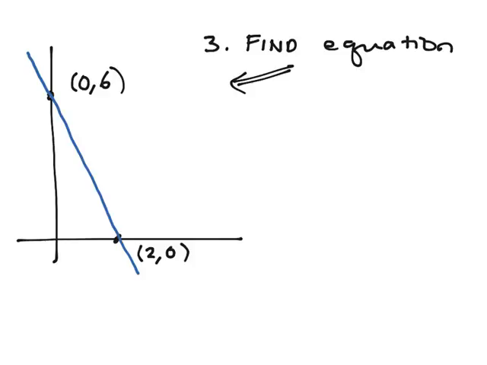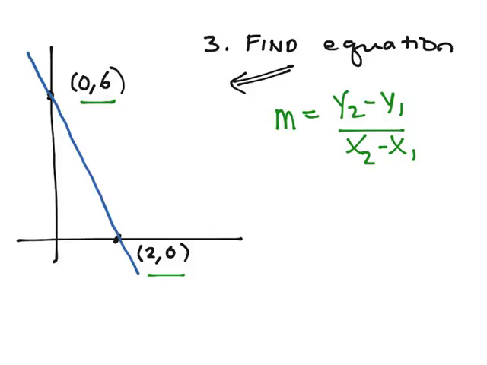This will be our last one. Find the equation of the line shown on this graph here, where the line crosses the y-axis at 0, 6 and the x-axis at 2, 0. So, let's find the slope. M is equal to y2 minus y1 over x2 minus x1.